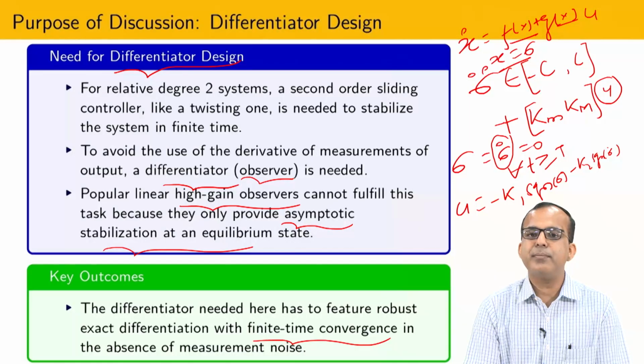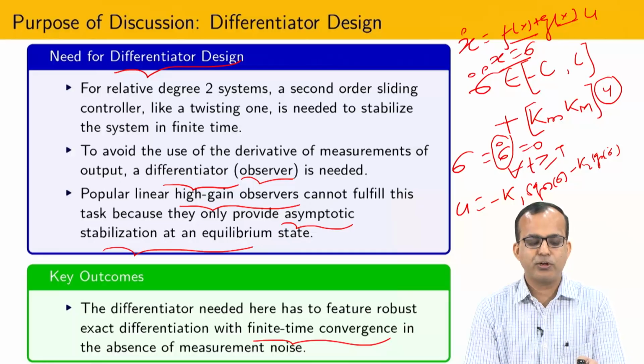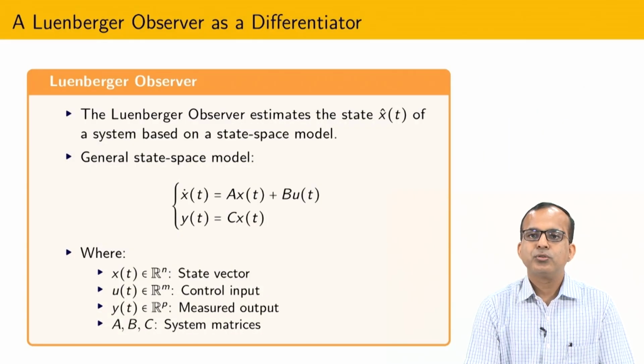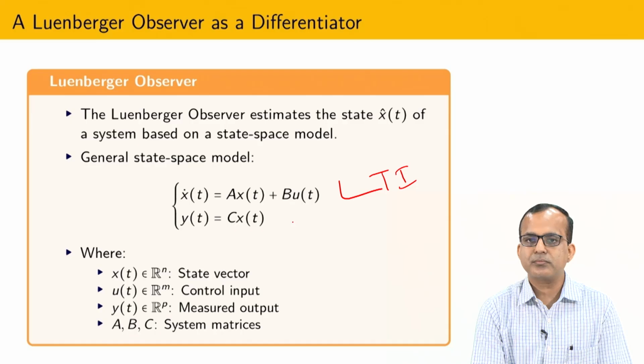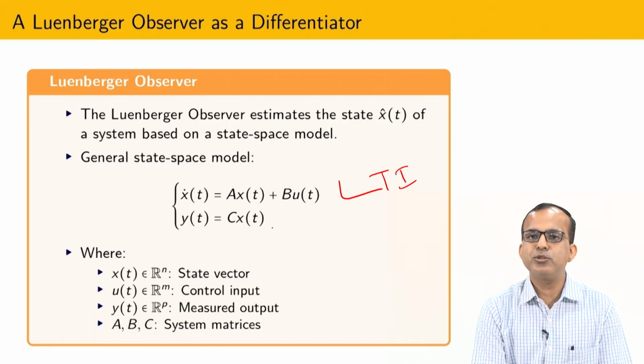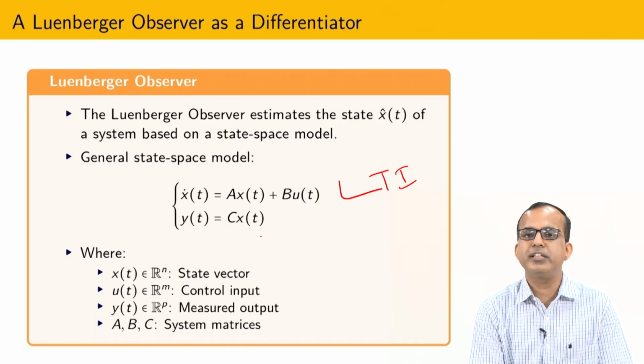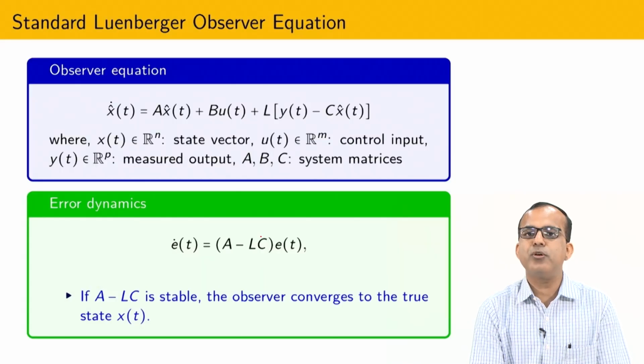So at least I am assuming that in the absence of measurement noise, we look at how to differentiate some kind of signal. You are already familiar with the Luenberger observer. This is nothing but a linear time invariant system, an LTI system, and here I am assuming that this mathematical model is completely known. So how do we design the Luenberger observer?